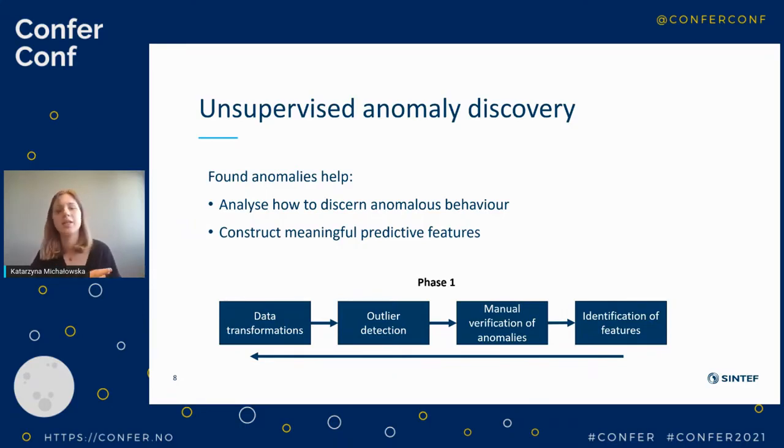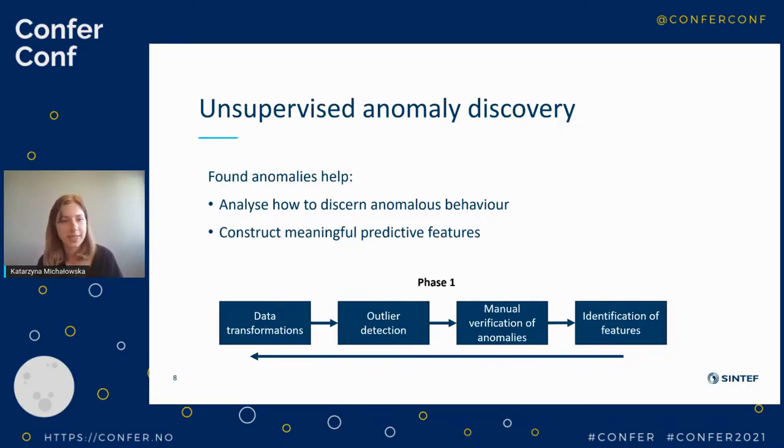And again, we did that in sort of a loop. We first transformed our data. After that, we applied some unsupervised learning methods on it, in which we could detect some outliers. Then we went manually into each and every one outlier and verified whether it was an anomaly or not, and labeled them.